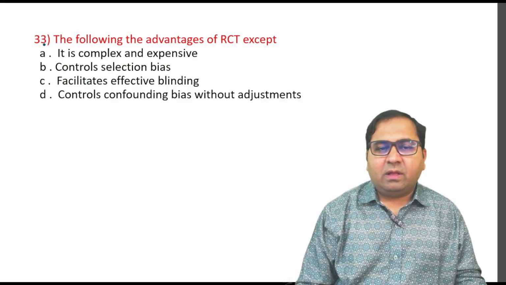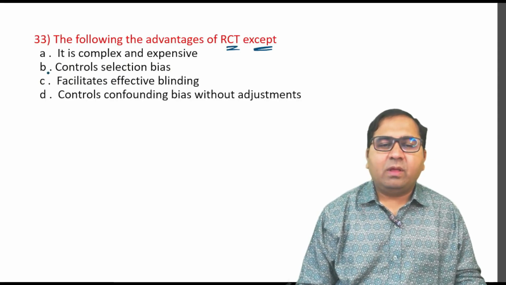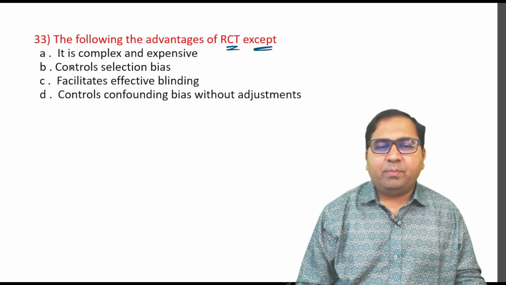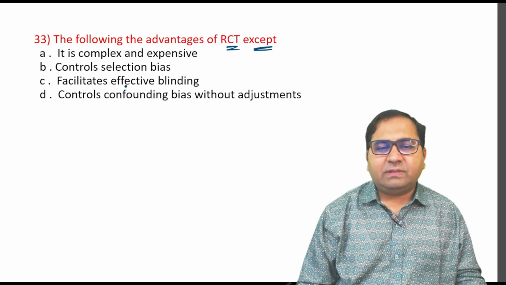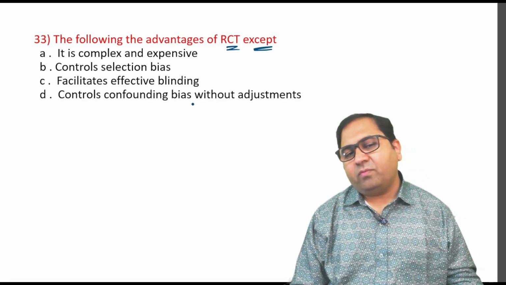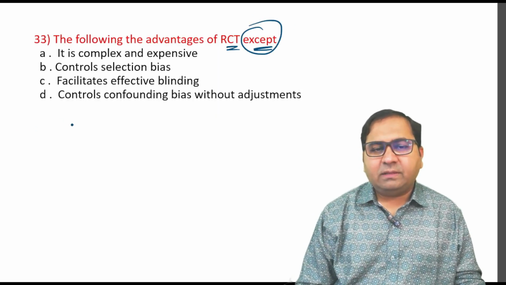Next question. The following are the advantages of RCT except. The options are A. It is complex and expensive. B. Controls selection bias. C. It facilitates the effective blinding. Or D. It controls the confounding bias without adjustments. Let us see the options again.